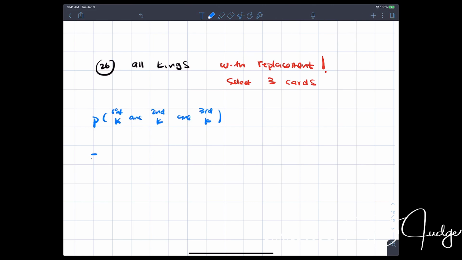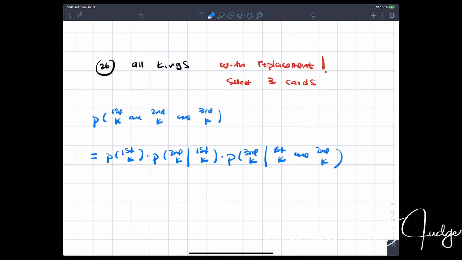Now, this is what this means again. That's the probability the first is a king, times the probability the second is a king, given that first card's a king, times the probability the third is a king, given the first is a king, and the second's a king.